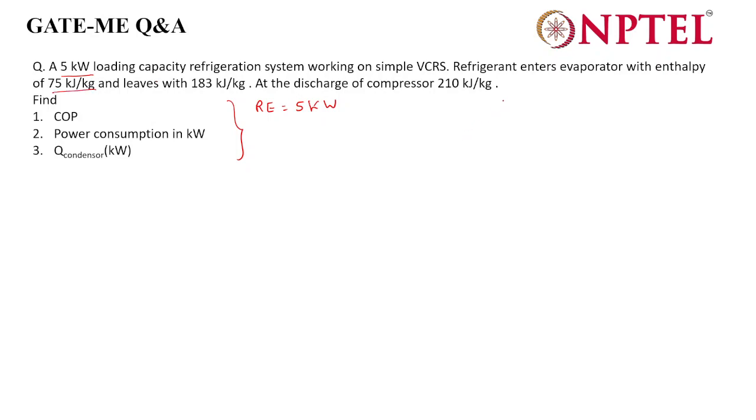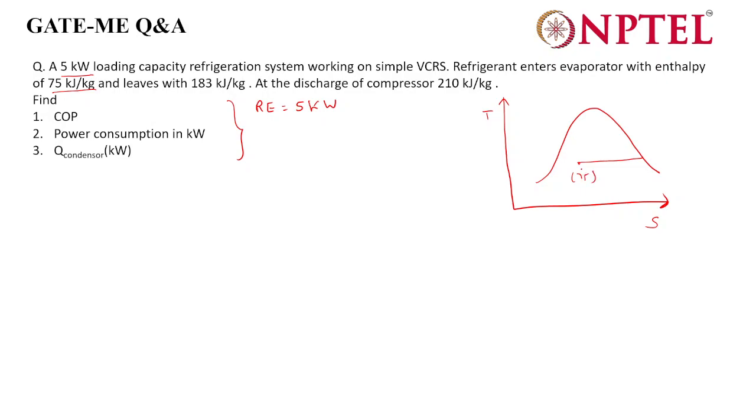Means we will make a simple VCRS cycle on a TS diagram. It is saying the refrigerant enters the evaporator at this point, so here it is entering at 75 kilojoule per kg.